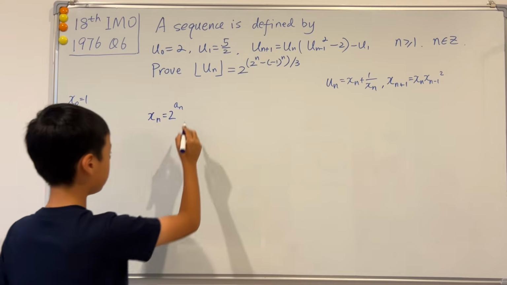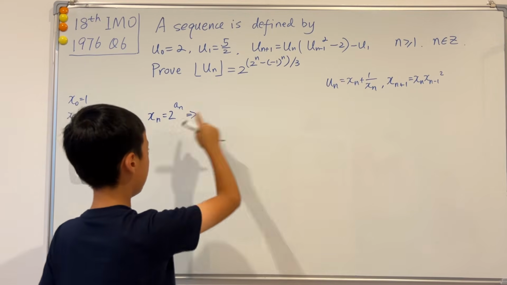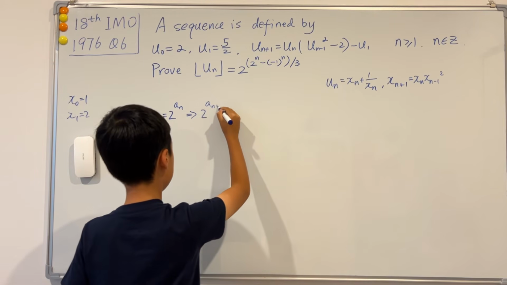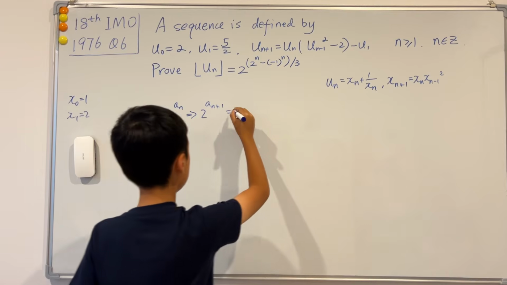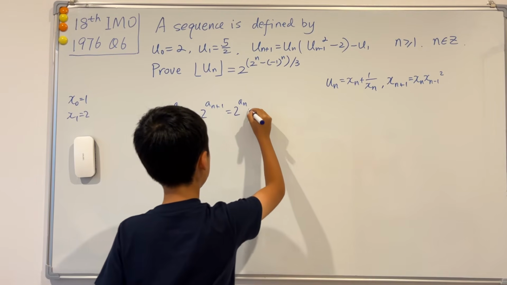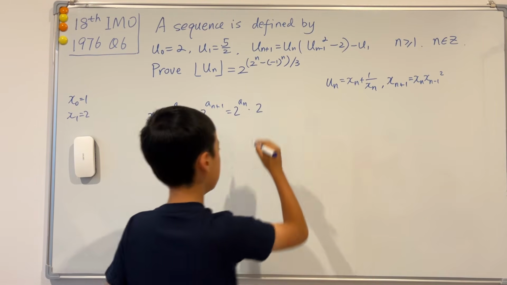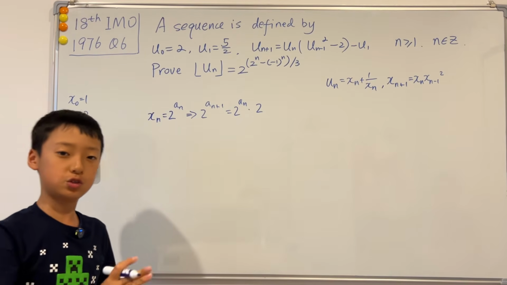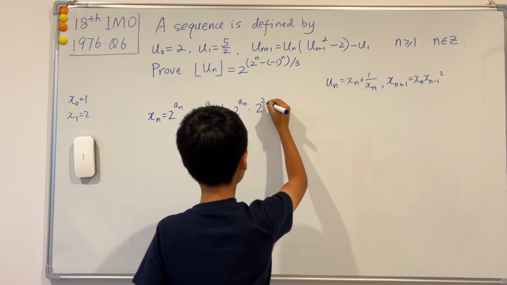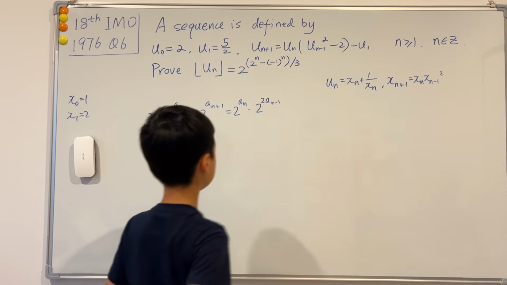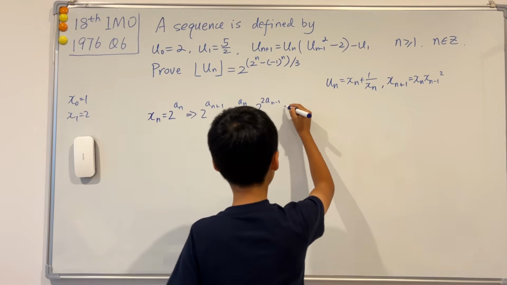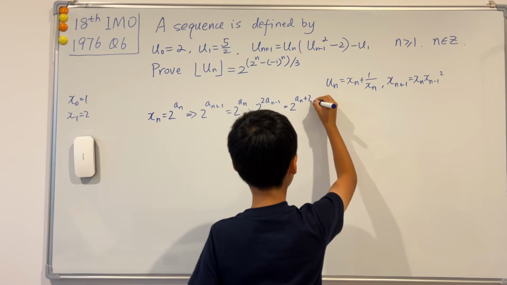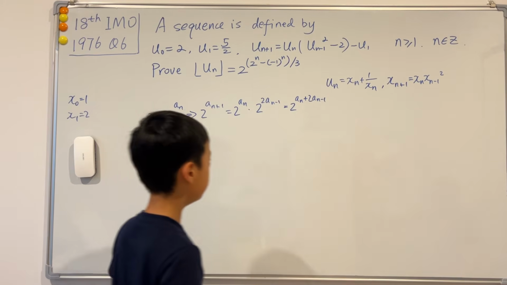So if we plug this in, then it becomes 2 to the an plus 1 is equal to 2 to the an multiplied by 2 to the an minus 1, bracket squared, and we can just multiply the 2, so it becomes 2 times an minus 1. So this is equal to, we can just add up the powers, so an plus 2an minus 1.